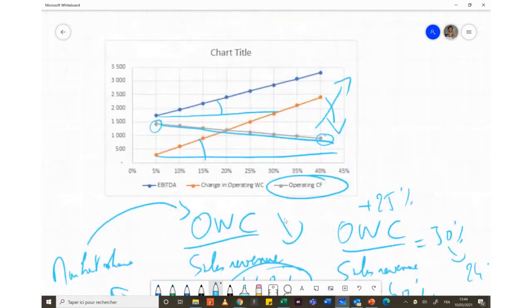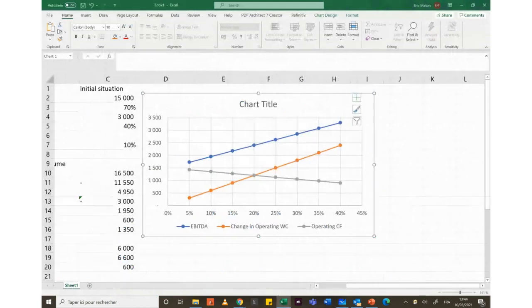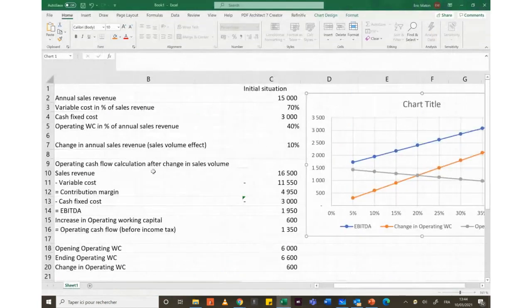So in order to have a better performance in terms of how you manage the cash flow, what is important also sometimes is to replace some variable costs by some fixed costs. So I try to reduce the 60% in order to increase the slope of the EBITDA.